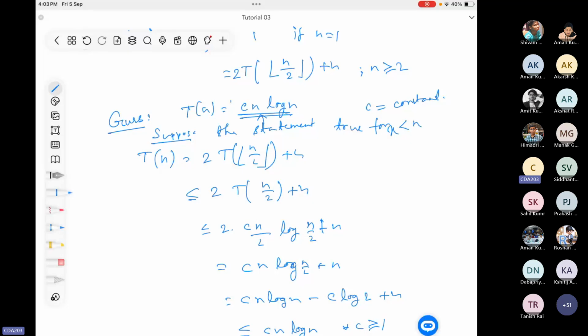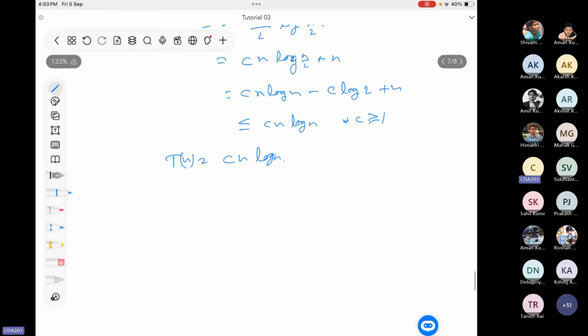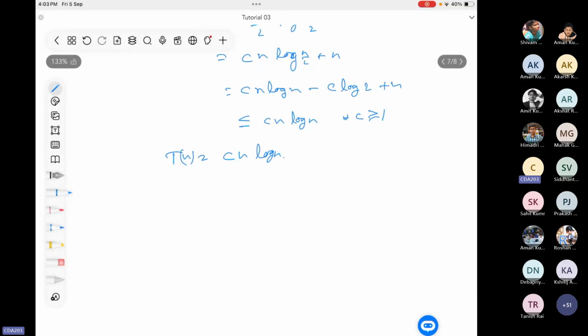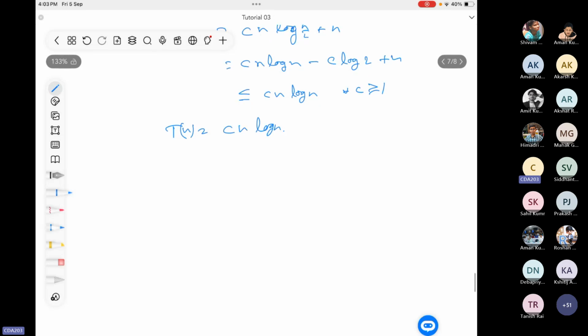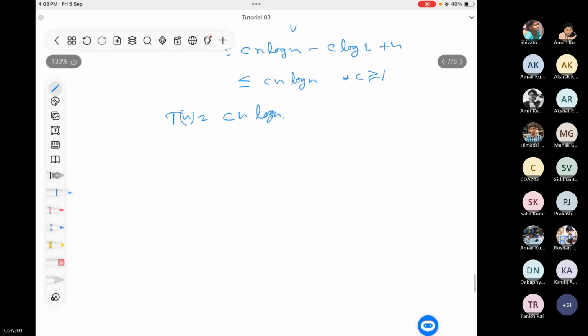So this is kind of a tricky thing. This method is not so good because it depends on the guess, and as I said earlier, it's very difficult to guess which one could be the right one. The next method is change of variables. Any question?